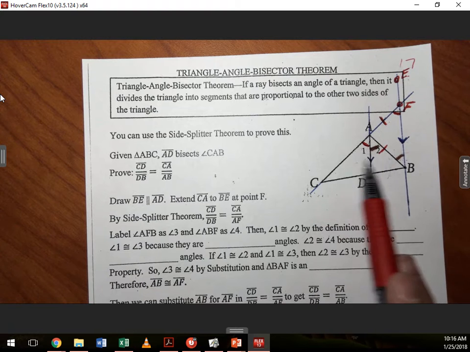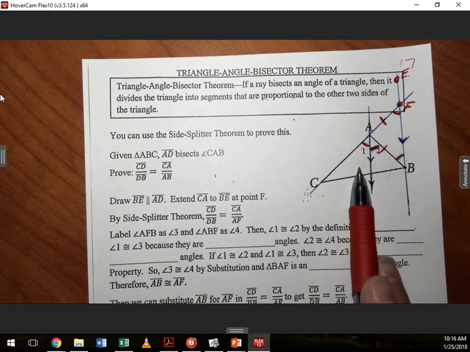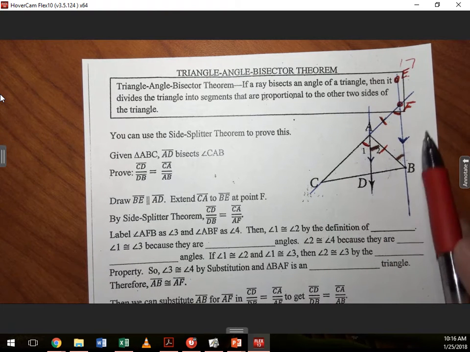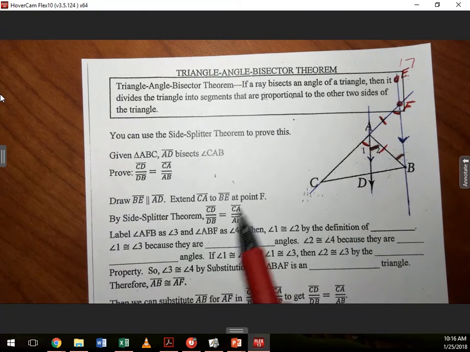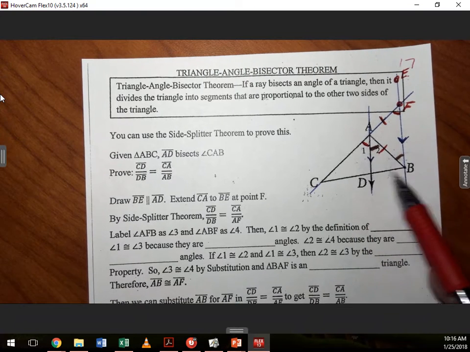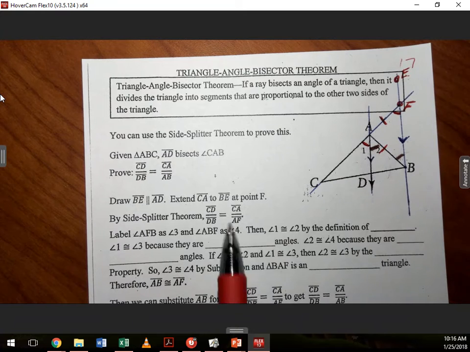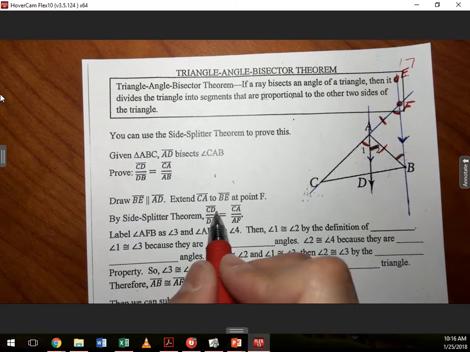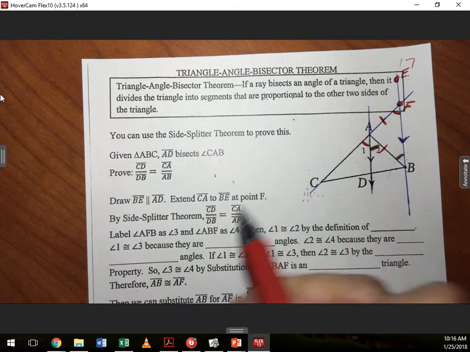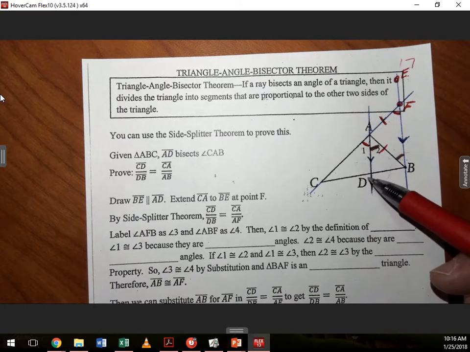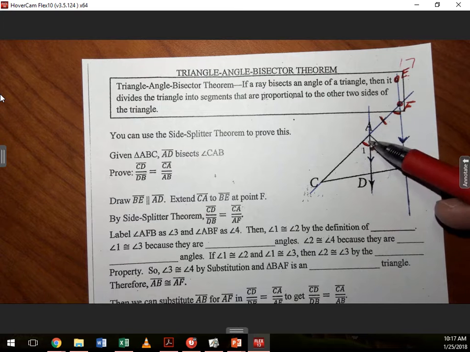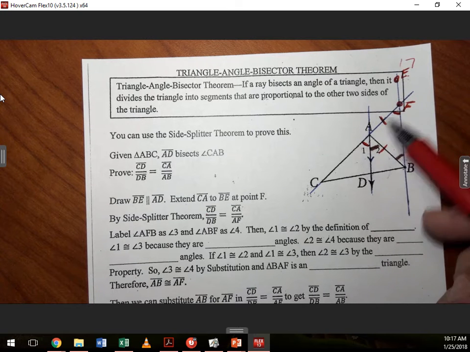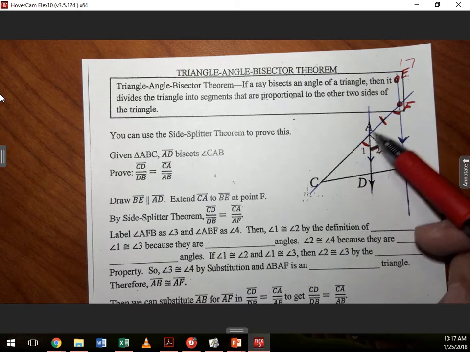So if we split this into two separate triangles here, we're going to have this piece right here, and then this one over here. So CD goes with CA, and then DB, and here. So as we set it up, CD is on top, DB is on bottom, CA is on top, and AF is on bottom. So from this one we get, it goes to here.